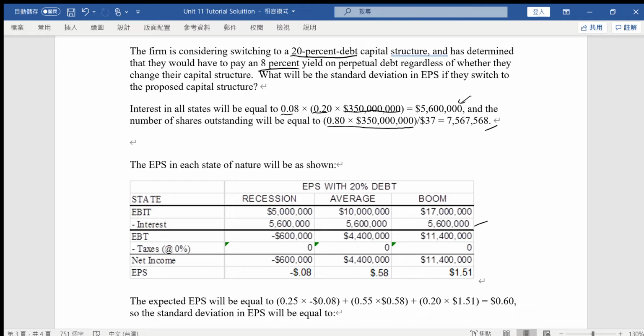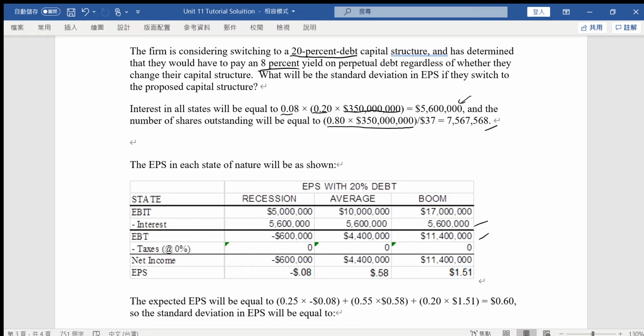What will be the EBIT? That will be negative 600,000, 4,400,000, 11,400,000. Because there is no tax shield, you do not need to deduct any tax amount. Finally, that will be the same outcome.